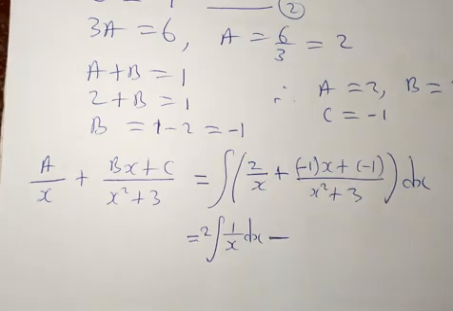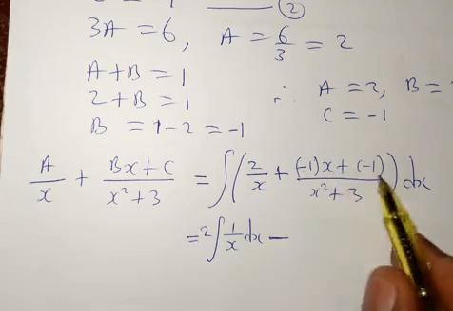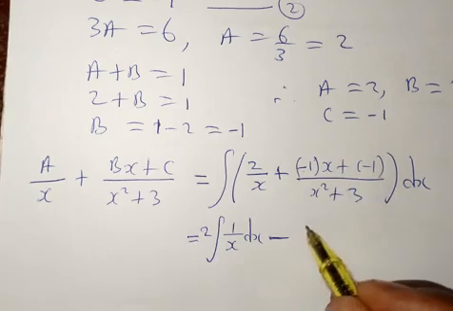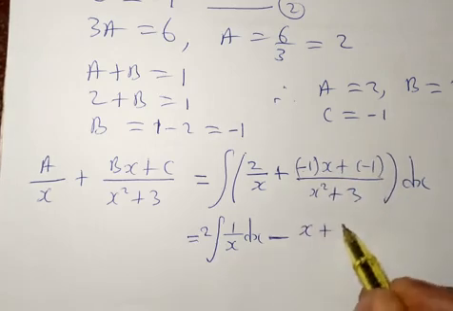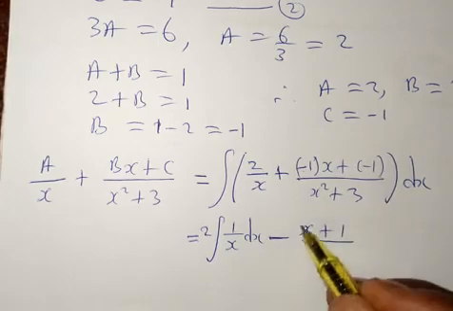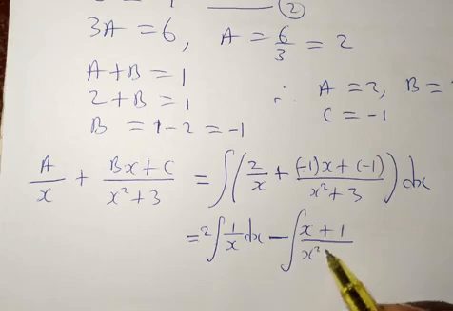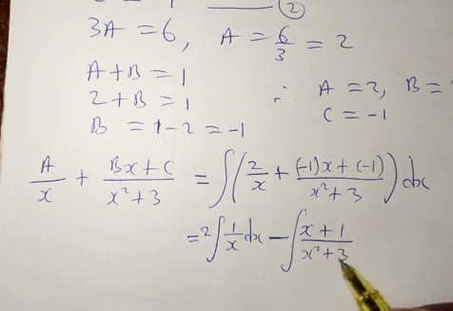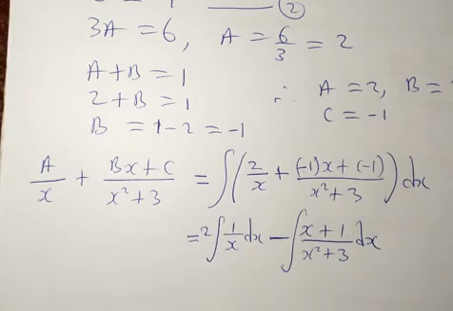So here will be minus; when we factor out the minus, we'll have x + 1 all over x² + 3, dx. To be able to divide this, there are certain things we need to do here.